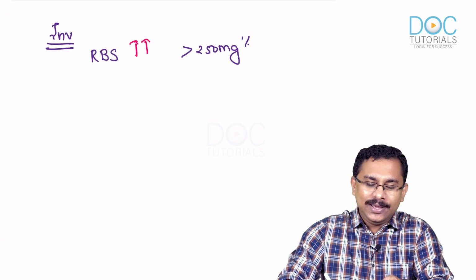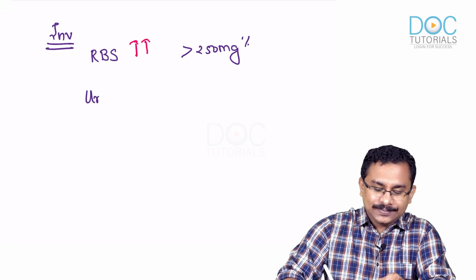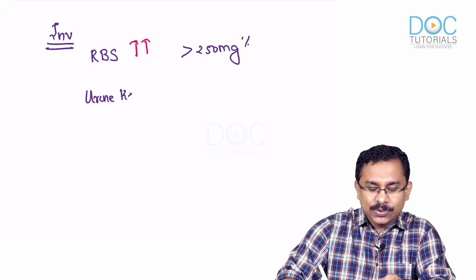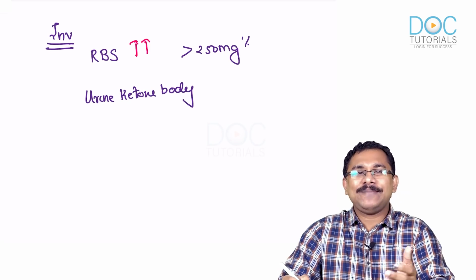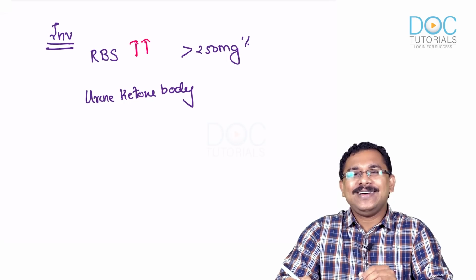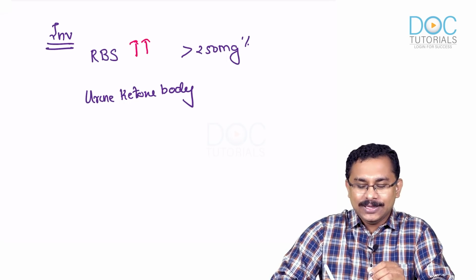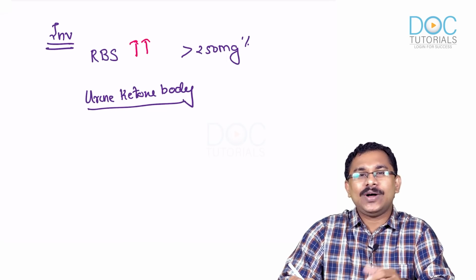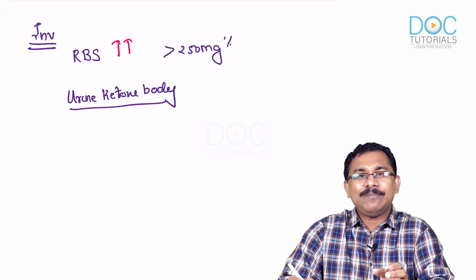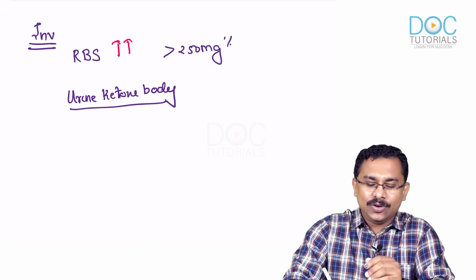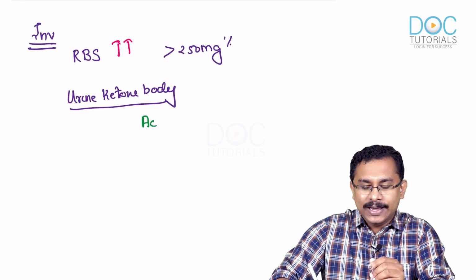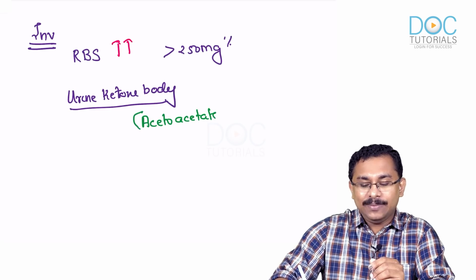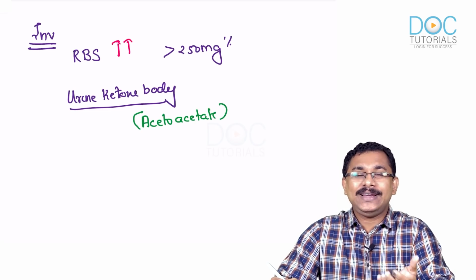And what about the urine ketone bodies? You can go for the urine ketone body test. I'm sure you remember the Rothera test for ketone body estimation. The urine ketone body test will show ketone bodies. But remember, I told you there are 3 ketone bodies, and out of the 3, it is usually acetoacetate that is detected by this test.